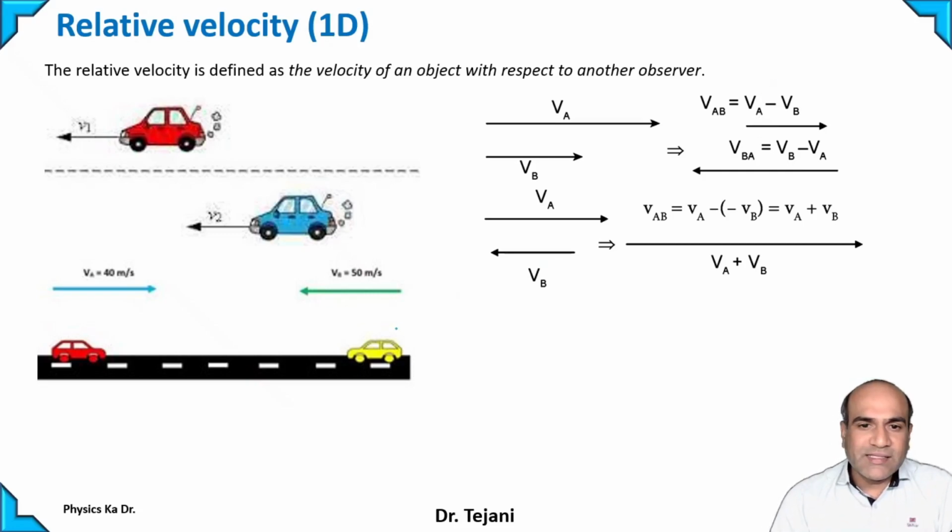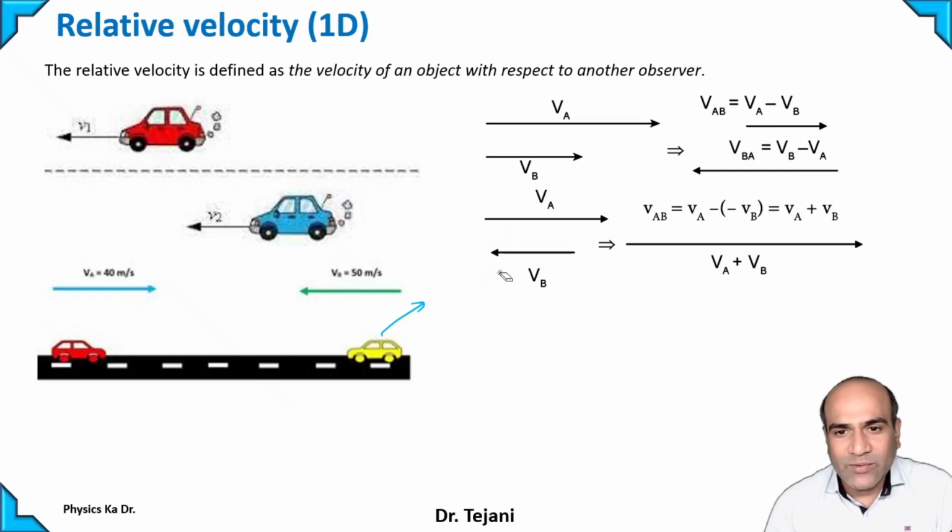In the second case, if A is moving in this direction, the X direction, and this B car is going in the opposite direction, negative X, right?